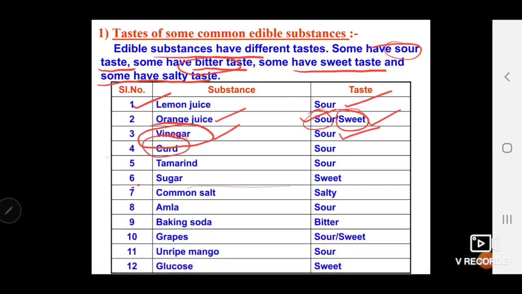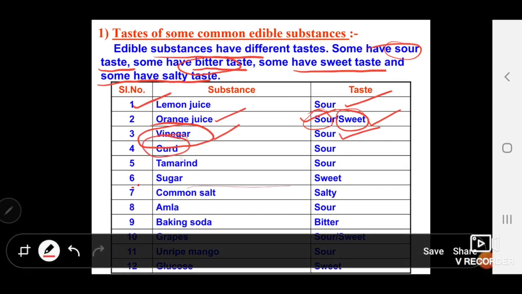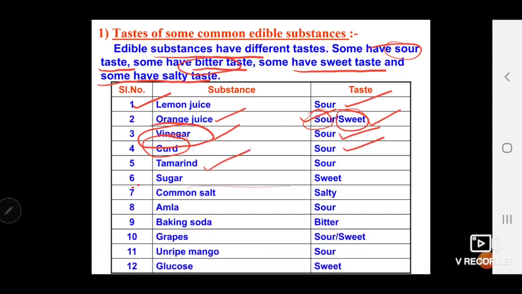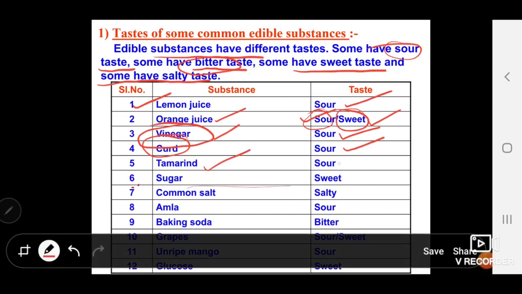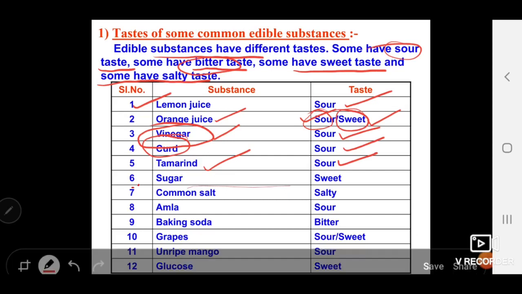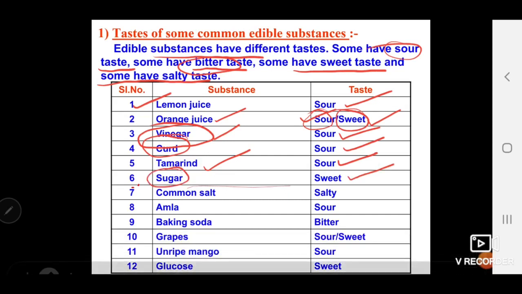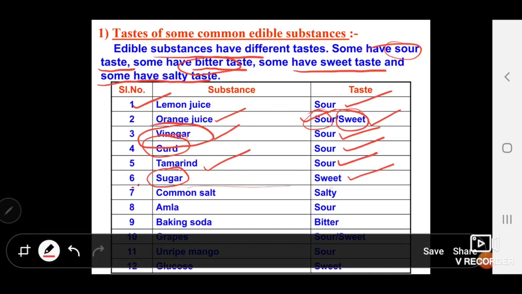And curd, you are very familiar with curd, and most of you are very fond of curd also. The curd is also sour in taste. And tamarind, it is sour in taste. Sugar, it is sweet in taste. Regularly we experience the taste of sugar in our day to day life.